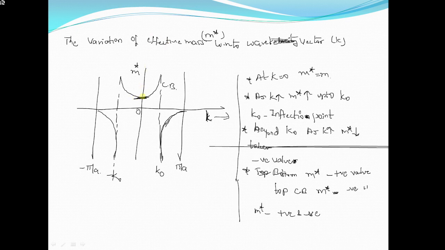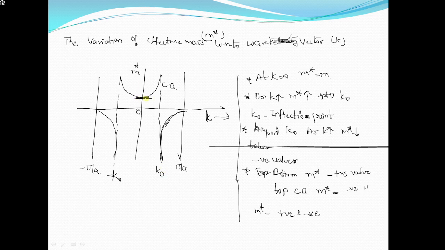So see here what we have discussed. At k is equal to 0, effective mass is equal to mass of electron. As k increases, effective mass also increases, but up to k naught. After k naught, it decreases and shifts towards the negative side. This k naught is called the point of inflection.